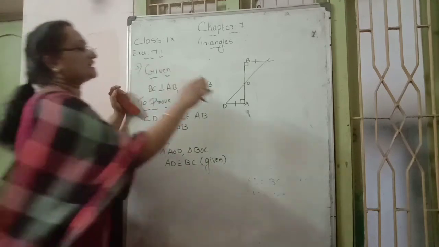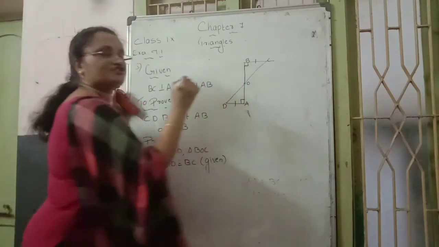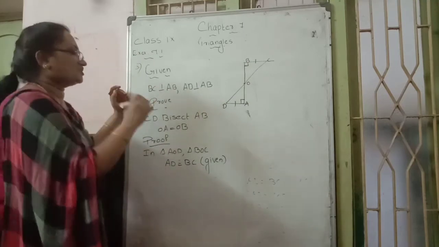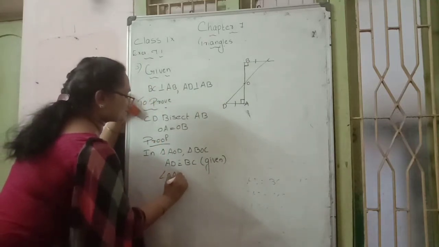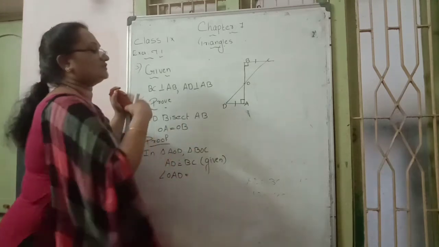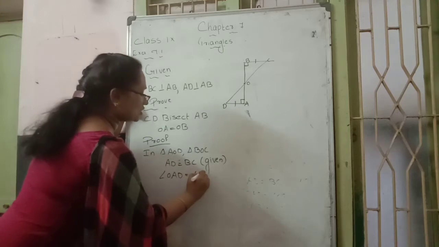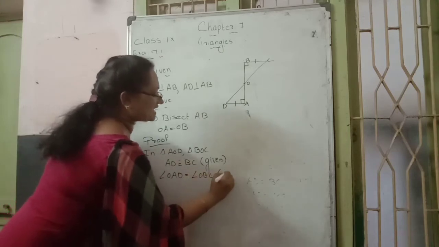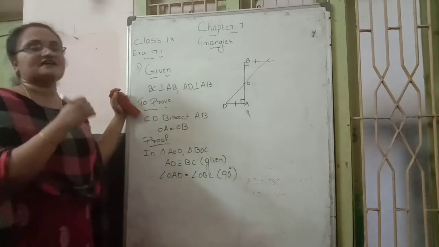Next, angle A and angle B, the symbol represents 90 degrees. They are 90. But when reading angles, angle A comes as the middle alphabet. Angle OAD and angle OBC, how many degrees do they make? 90 degrees. Two cases completed.